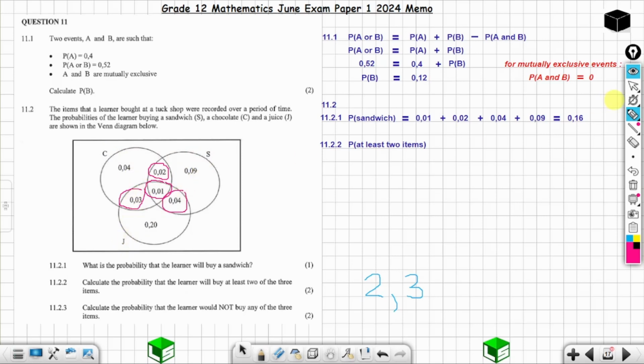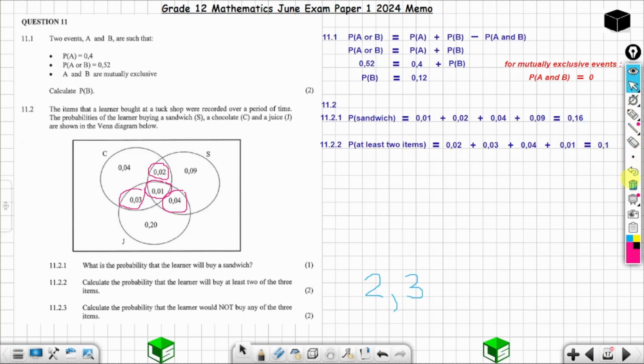So we are going to add the probabilities. You have 0.02 plus 0.03 plus 0.04 plus 0.01, you're going to have 0.1.